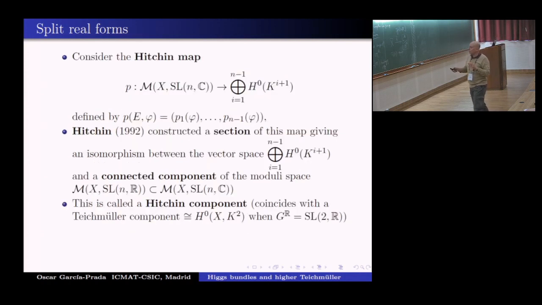And so now you go to the moduli space for the complex group, right? And you have the Hitchin map, which evaluates these invariant polynomials on the Higgs field, and you end up in this vector space, which is the direct sum of sections of these powers, k plus 1, of the canonical line bundle.